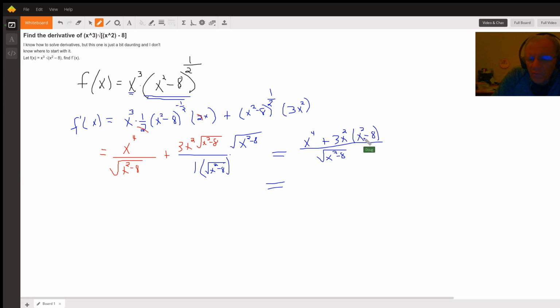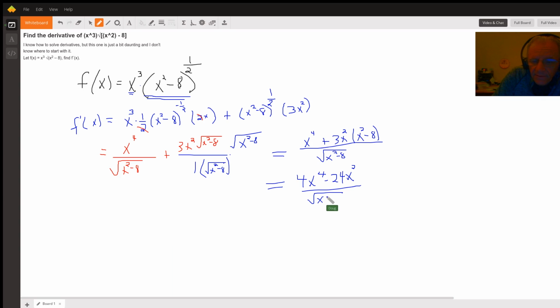I'll get 3x to the 4th, plus this 1x to the 4th is 4x to the 4th. And 3x squared times the minus 8 is negative 24x squared. All over the square root of x squared minus 8.